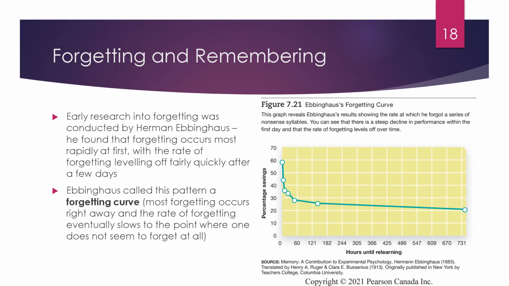Eventually the rate of forgetting slows to the point that one does not seem to forget at all. After about 60, and especially after about 120 hours, it starts to level off, and you're a lot less likely to forget things after that. So whatever you don't consolidate within that first short period of time is eventually going to be lost and not really committed to memory.